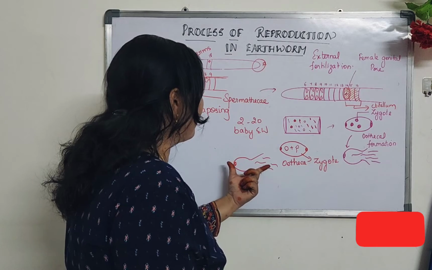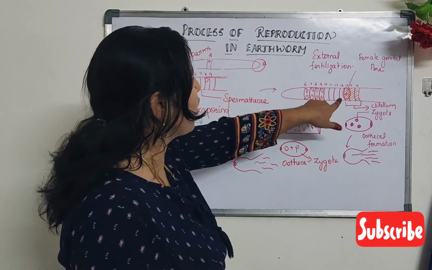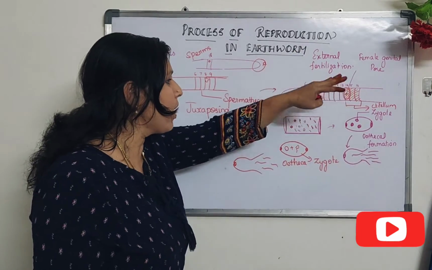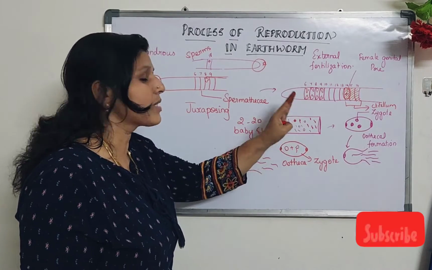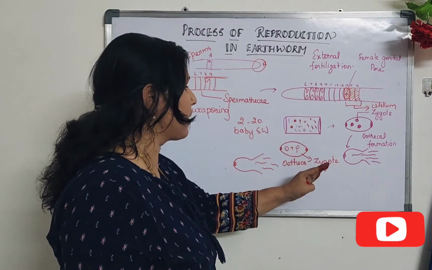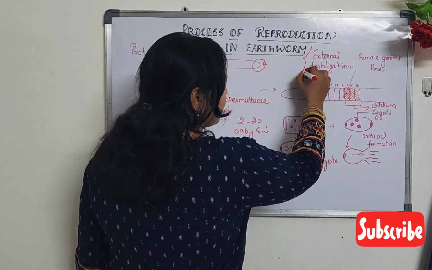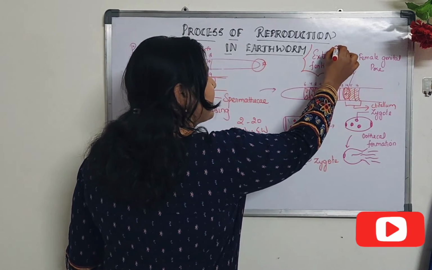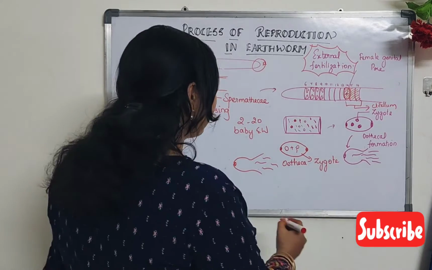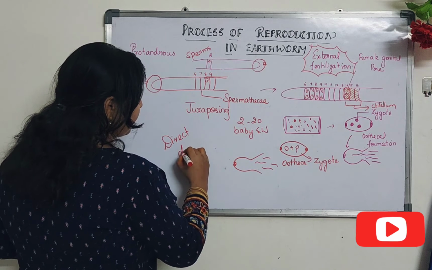Clear? You have to be very clear that although the sperms and ova are present inside the body of the earthworm, the fusion occurs after the clitellum is completely detached from the body. That is the reason we call this type of fertilization external fertilization, and there is no presence of any larval stage. We can clearly say that earthworms undergo direct development.